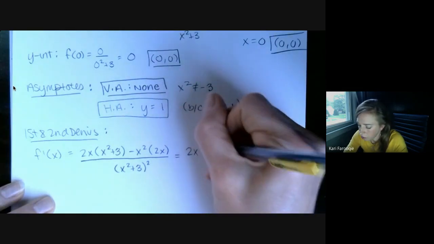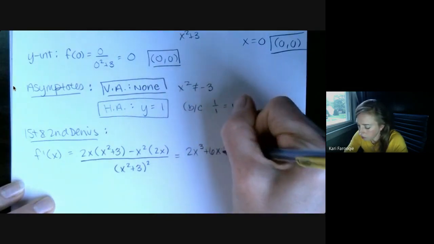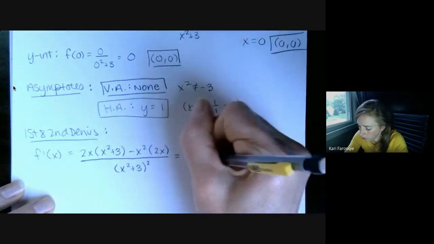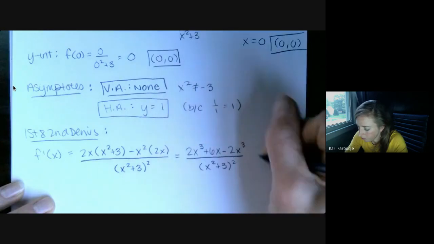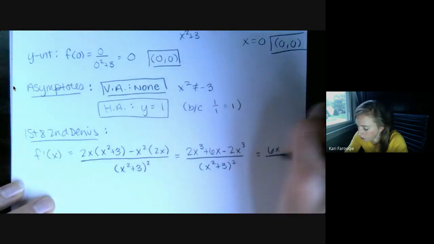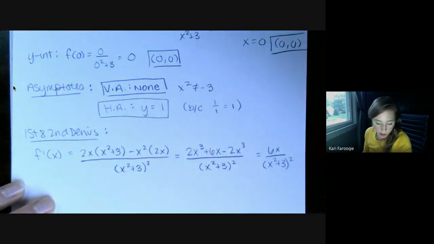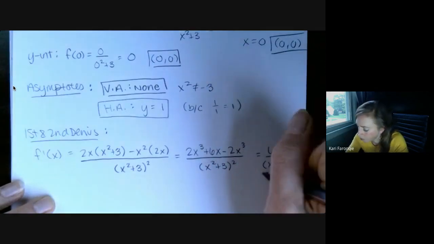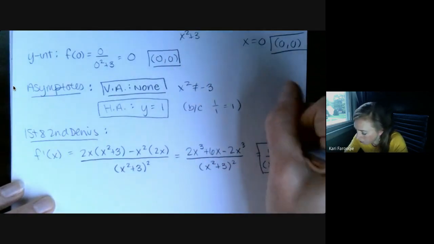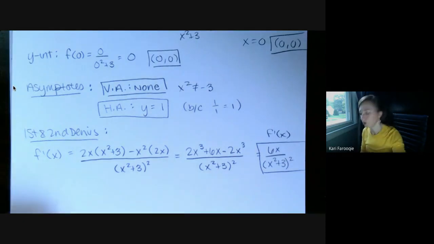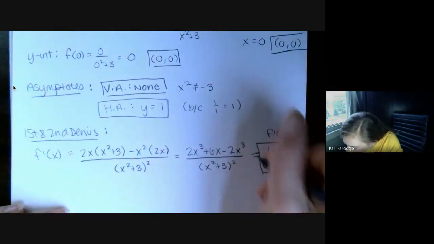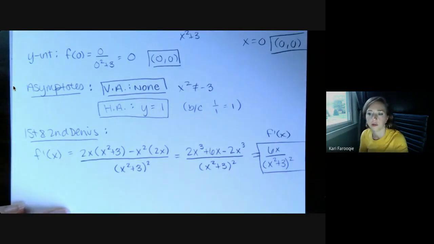So you will have 2x cubed plus 6x minus 2x cubed, which is 6x divided by the quantity x squared plus 3 squared. And you're going to want that later when you put this into your calculator, so make sure it's labeled.